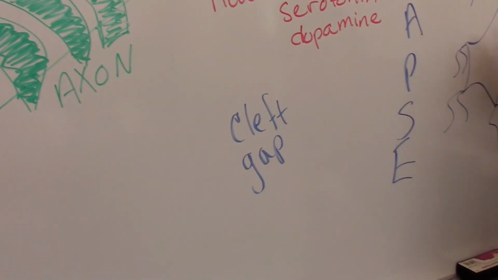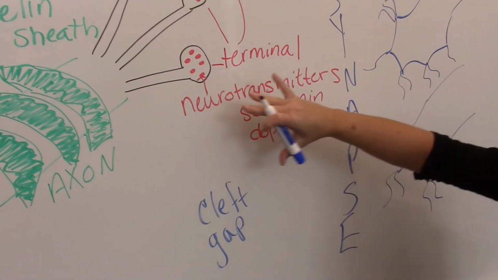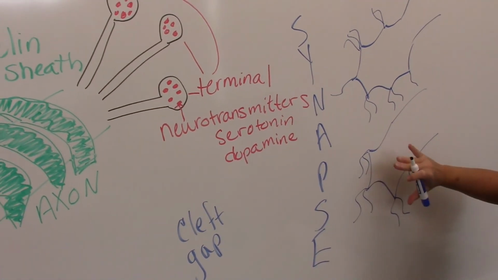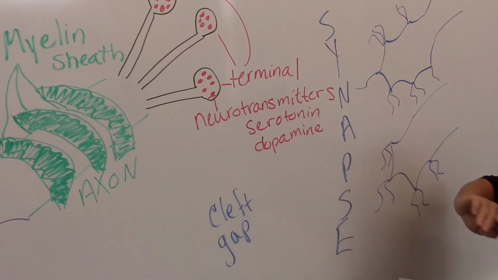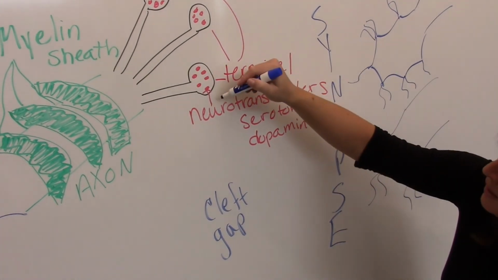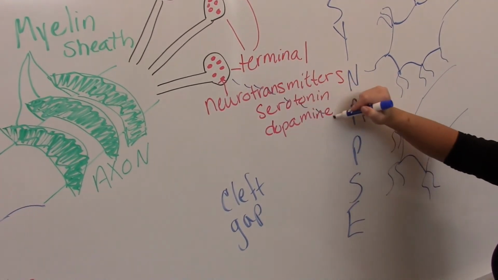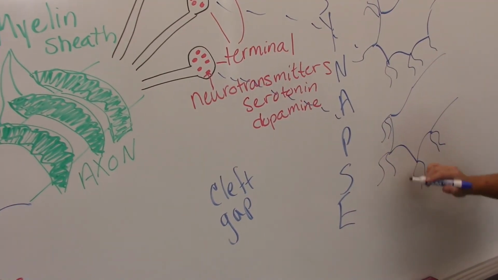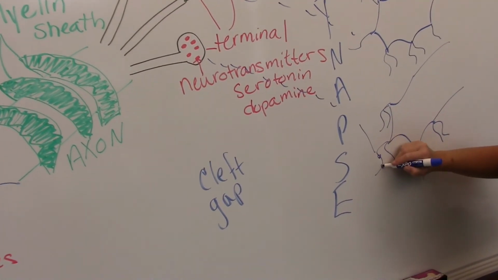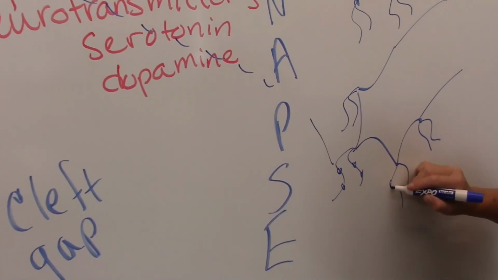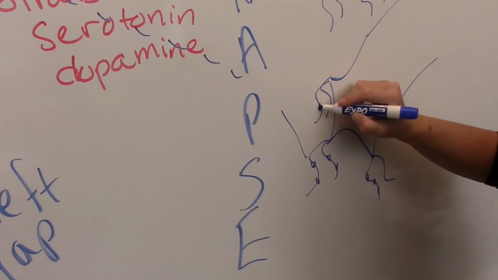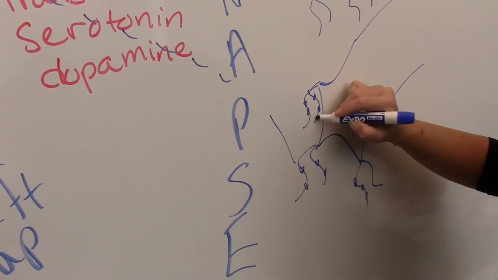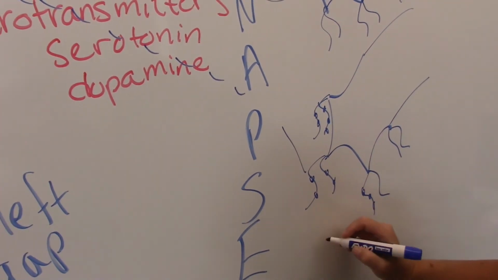Either way, it is the space that one neuron transmits its information to another neuron. So the message is sent, it comes out of the terminals, crosses the synaptic gap, and then hooks on to the receptor sites, the dendrites, right in here of a neighboring neuron. Thus, the message is being sent.